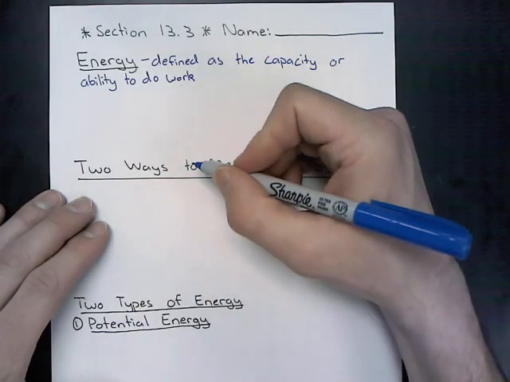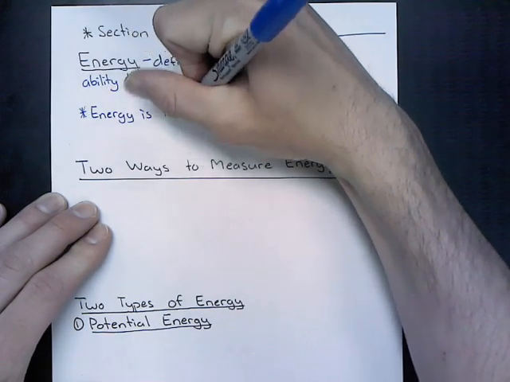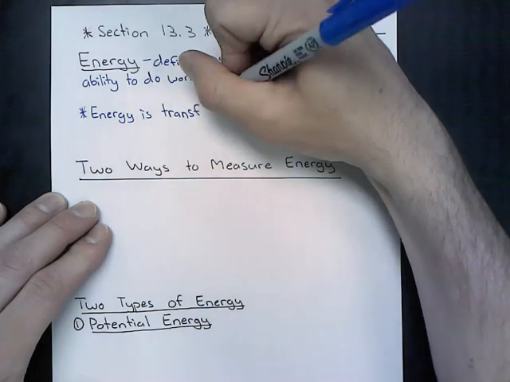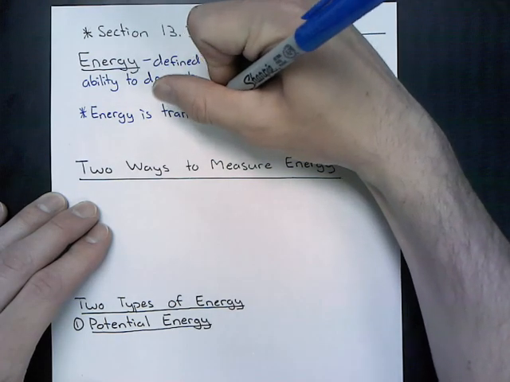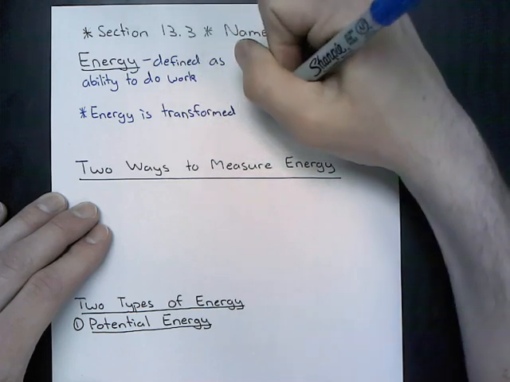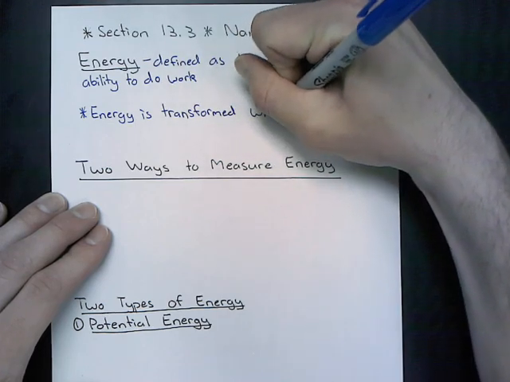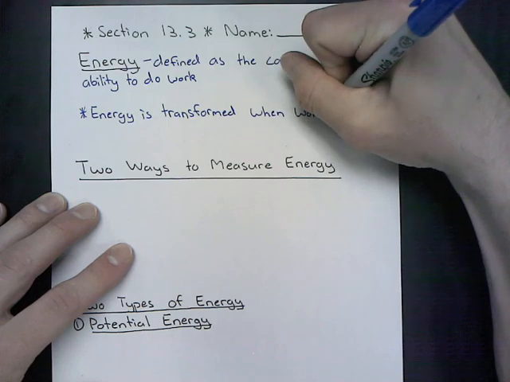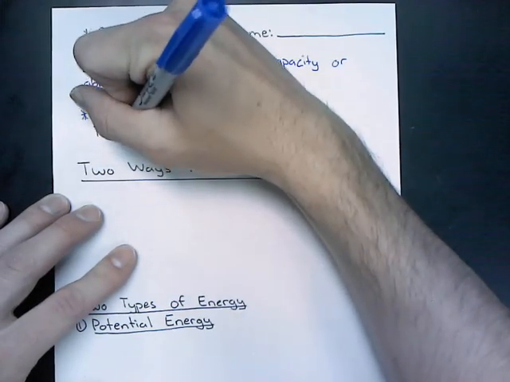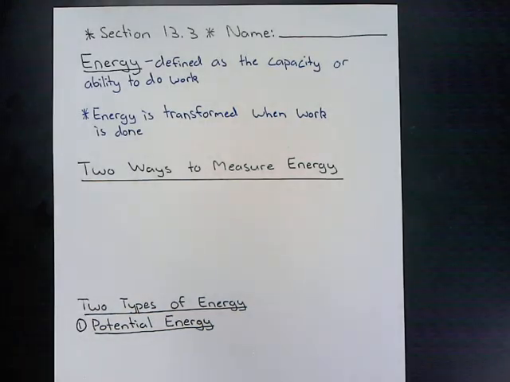Now, whenever work is done, energy is transferred when work is done. With energy, there are two main ways that it can be measured.